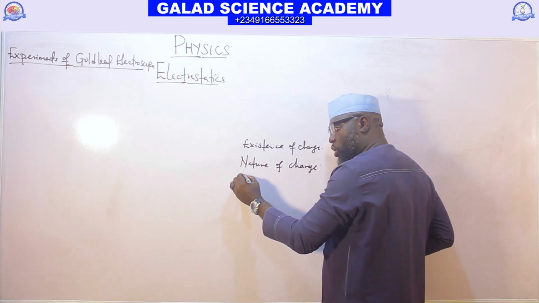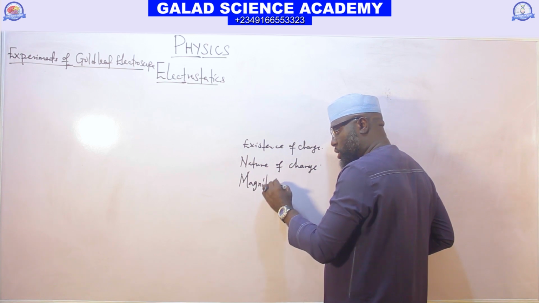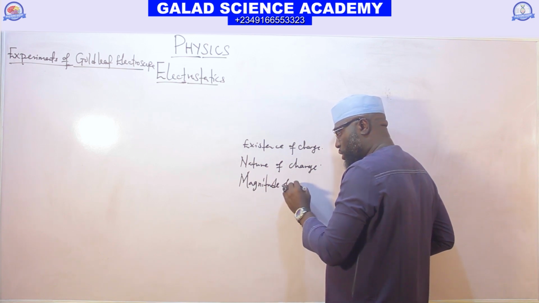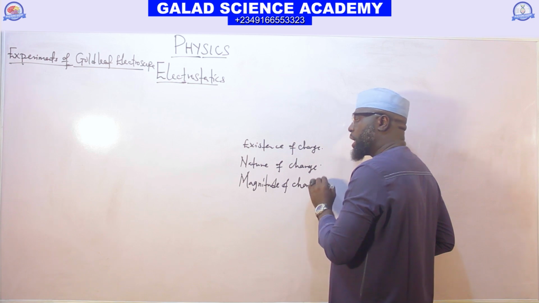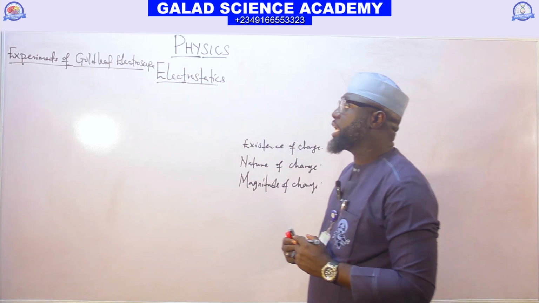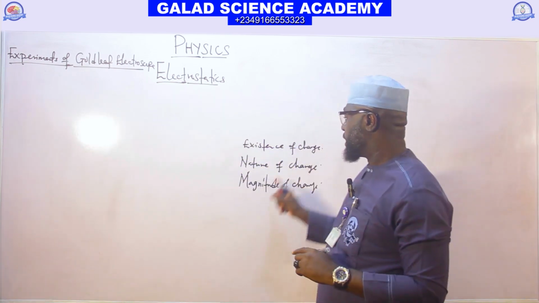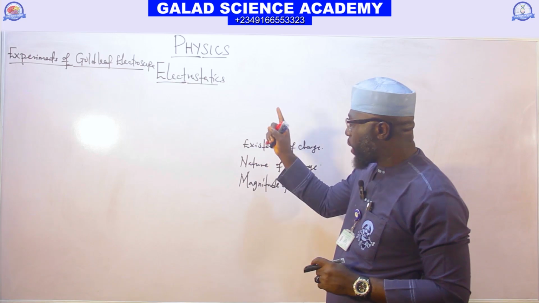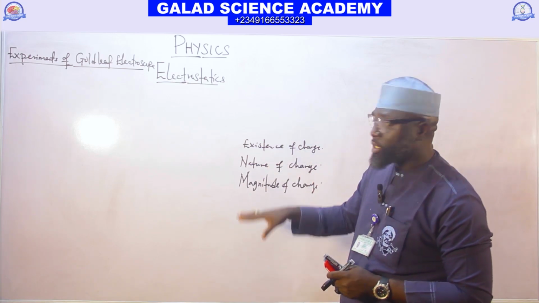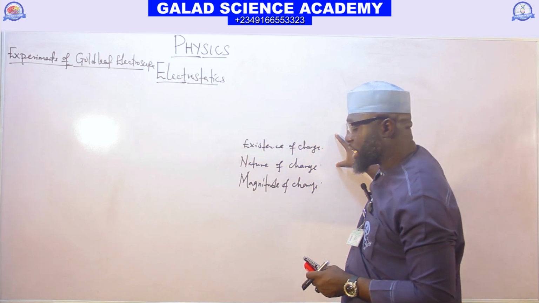You can use the gold leaf to detect the magnitude of charge. So as a result, the experiment of the gold leaf electroscope exists in three forms. One, the experiment to use the gold leaf to determine the existence of charge.